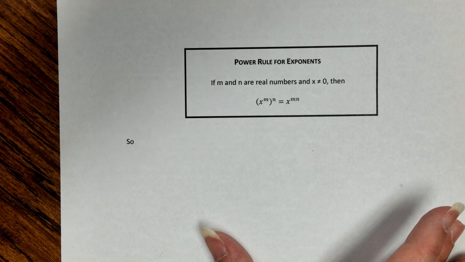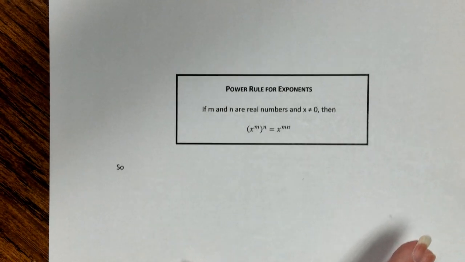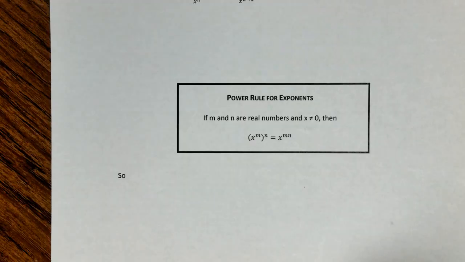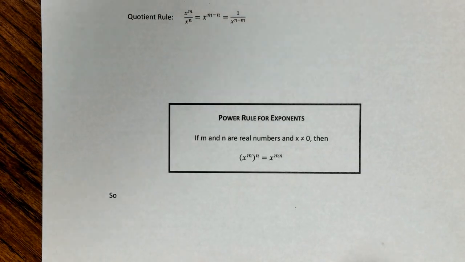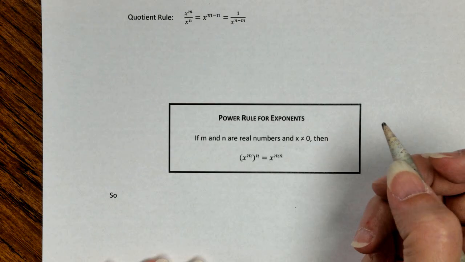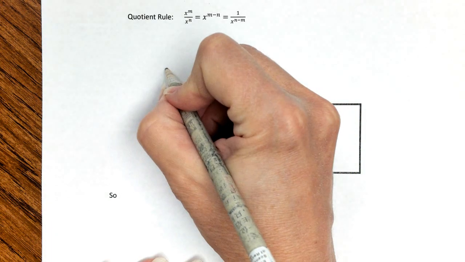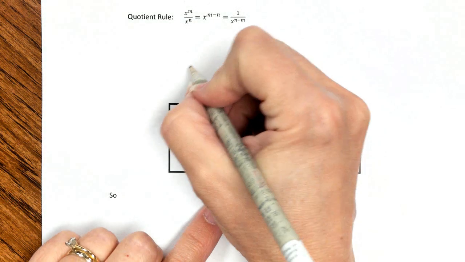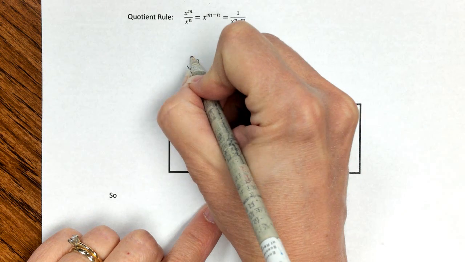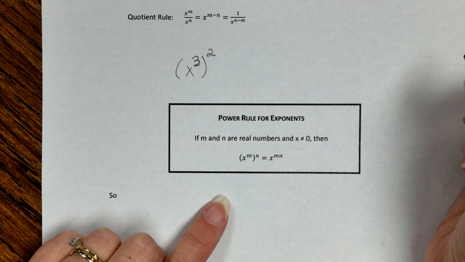Okay, the new one is this one, and above the box I think we will show why that is, because we'll do a couple of small examples above it. We'll do some examples below it. So if we have a power raised to a power, and we're going to do one similar to the box here, but with some numbers. So if we had, let's do x to the third squared.